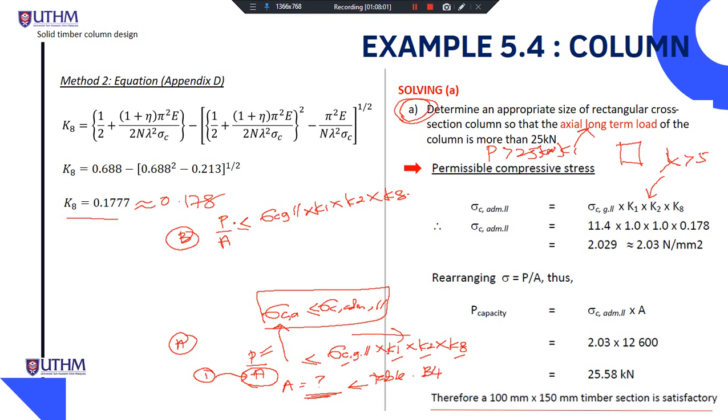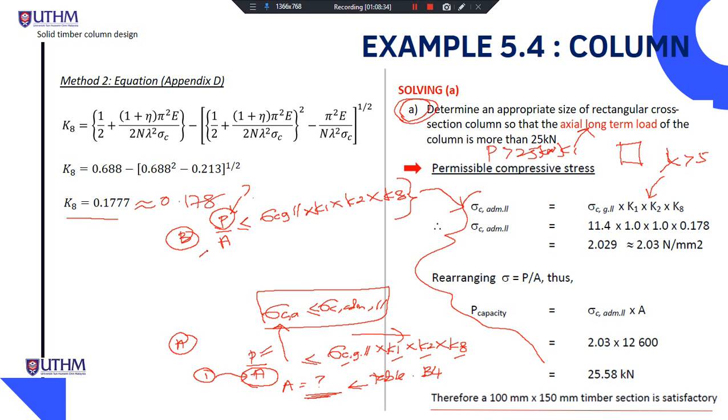The second way to solve this problem is by using the same concept, the verification. Our actual compression stress must be less than the permissible compressive stress. In this case, you need to determine P. This second way is shown here, based on this second equation.